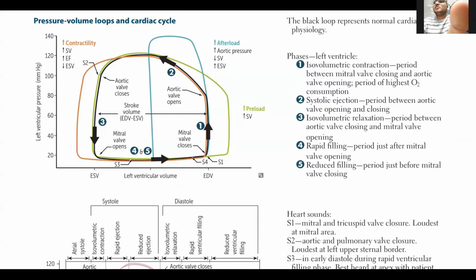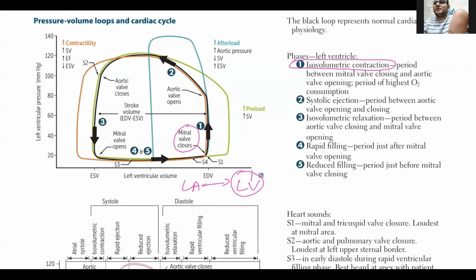First of all, we will study isovolumetric contraction. Remember, all the blood from the left atrium is shifted toward the left ventricle, and the mitral valve is closing.